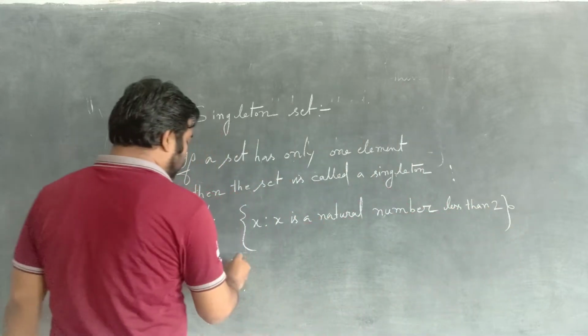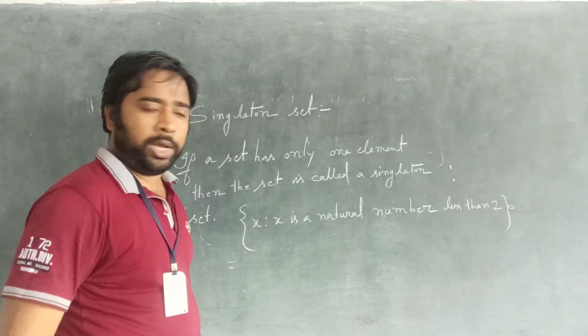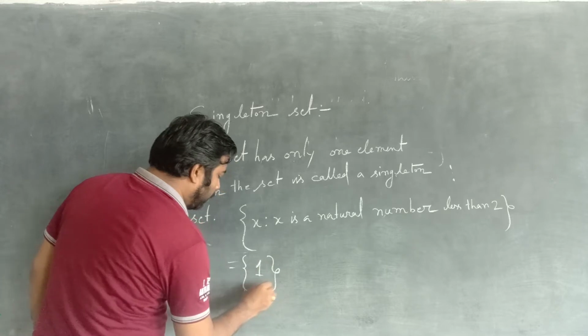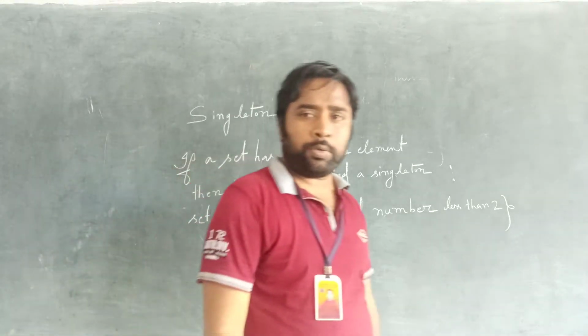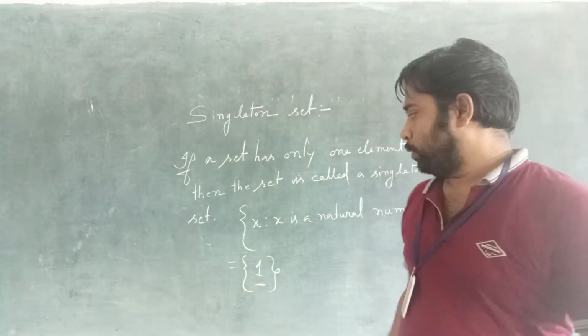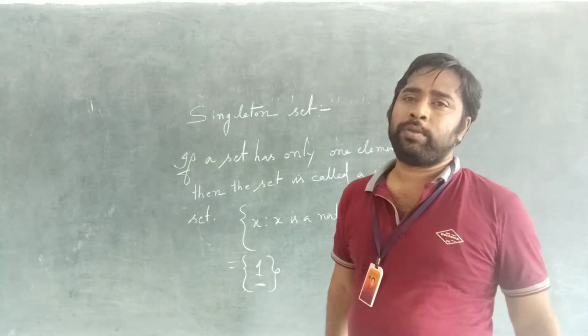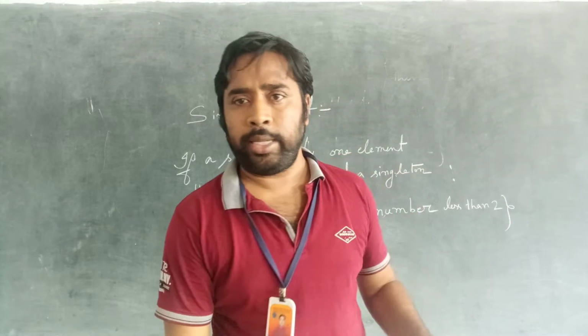So 2 से छोटा नेचुरल नंबर सिर्फ एक ही है, that is 1. So inside the set only one element is there. Since there is only one element inside the set, that means it is a singleton set. So this is the definition of singleton set. Clear?